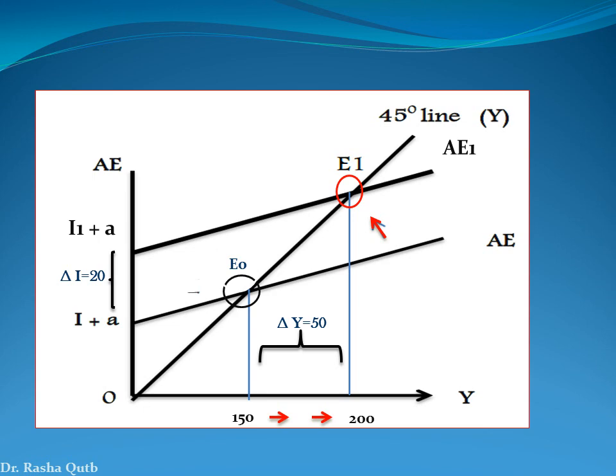So when we divide 50, which is the change in Y, over 20, which is the change in I, in autonomous spending, we get the value of the multiplier, which is 2.5. Again, the other rule for calculating the simple spending multiplier is to divide the change in equilibrium national income, change in Y, over the change in autonomous spending, change in I. 50 over 20, and we get the value of the simple multiplier.